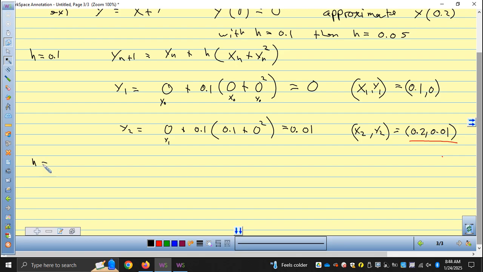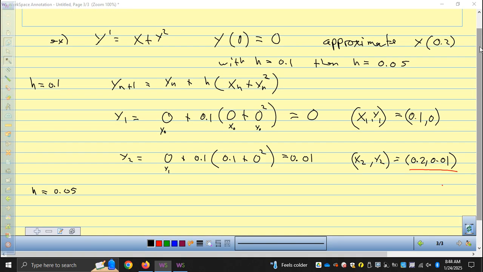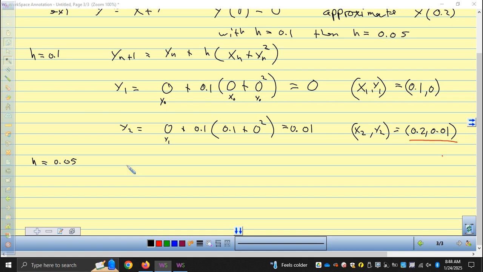For h equals 0.05, we're going to have to use a few more steps to get from 0 to 0.2. So y1 in this case is 0 plus 0.05 times 0 plus 0 squared, which is 0. So x1, y1 this time is 0.05, comma 0.